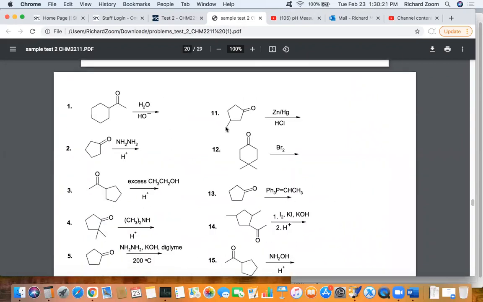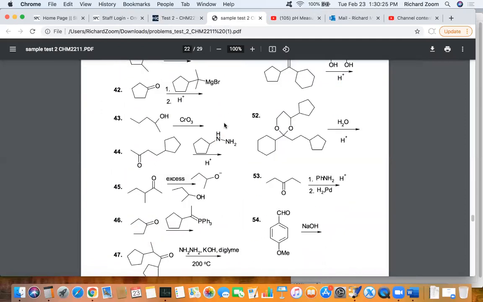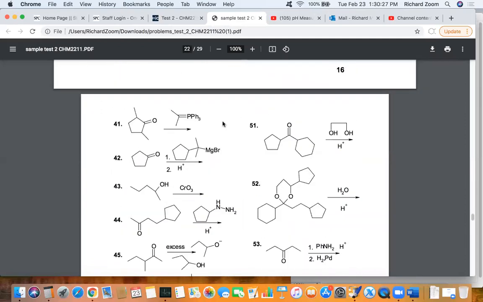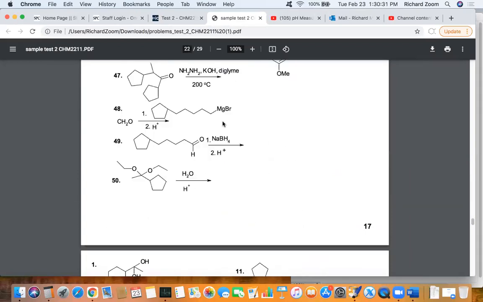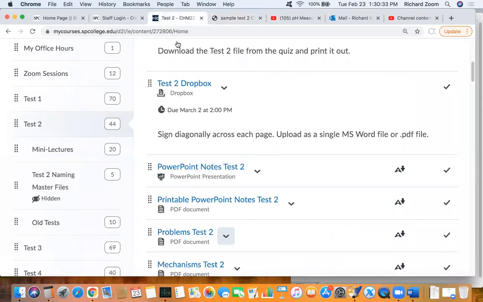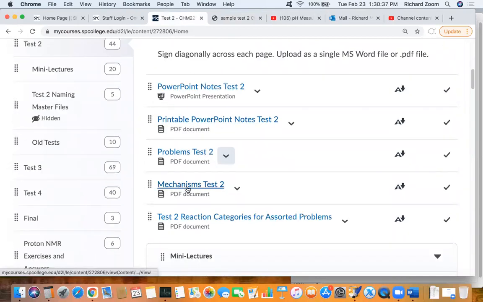Then, of course, you've got these mixed problems, and there's 54 of them, I think. And I would recommend that you, well, they do have the answers here, but the mechanisms are in a separate file, this mechanisms test 2 file here.